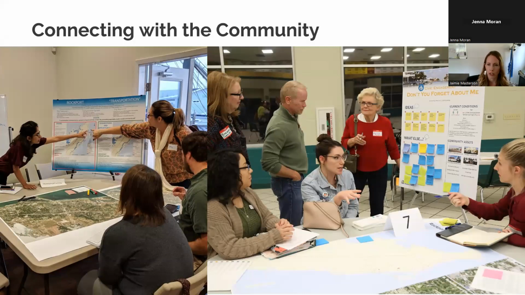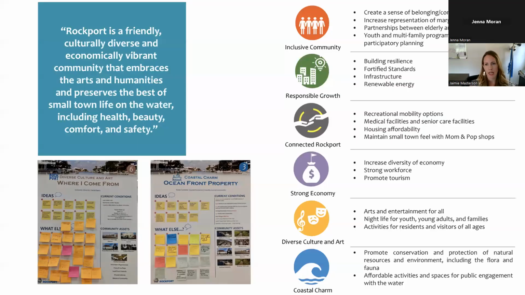So we did a lot of community engagement. We had lots of different pop-up and public events, hearing from folks about different concerns, different opportunities that they would want to see, and so many different comments came out that were focused on a range of different things.